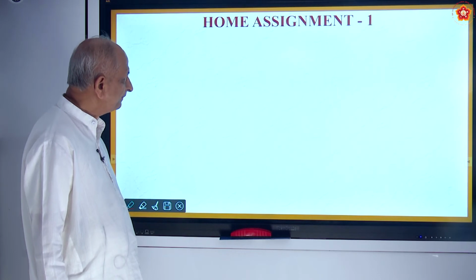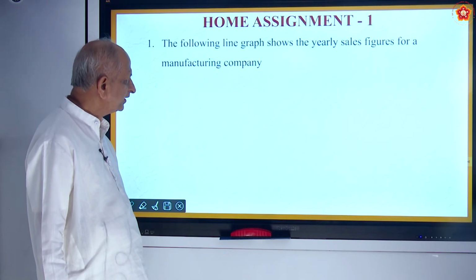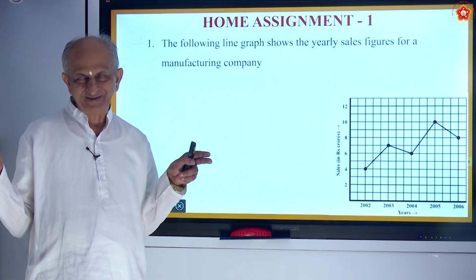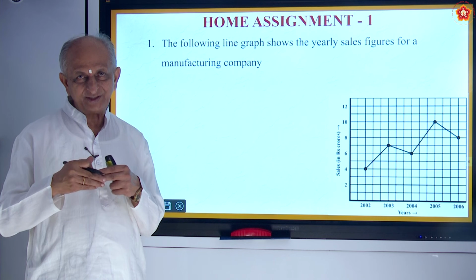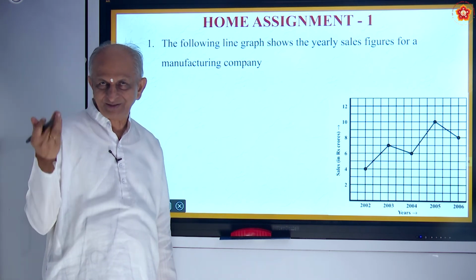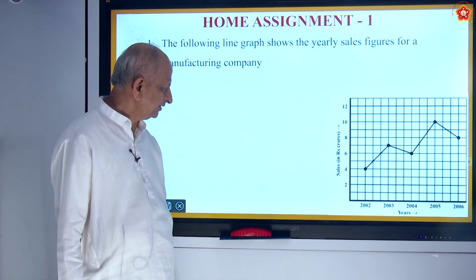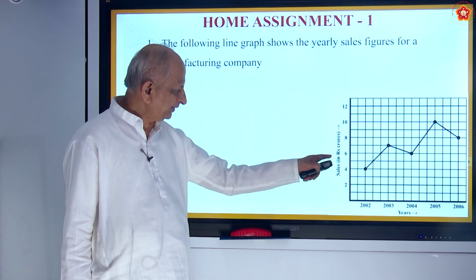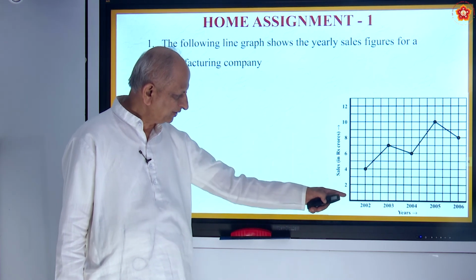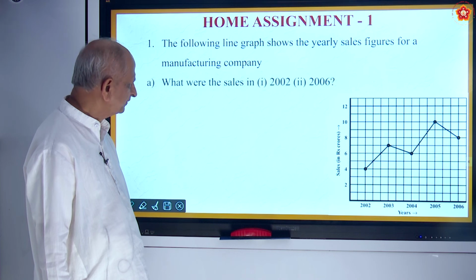Now coming to the home assignment. The following line graph shows the yearly sales figures for a manufacturing company. You know, in factories they manufacture so many things like soap, soap box, paste, brush, oil and all. So here are the sales figures, sales in rupees, crores, on the y-axis, and the x-axis shows years 2002 to 2006.